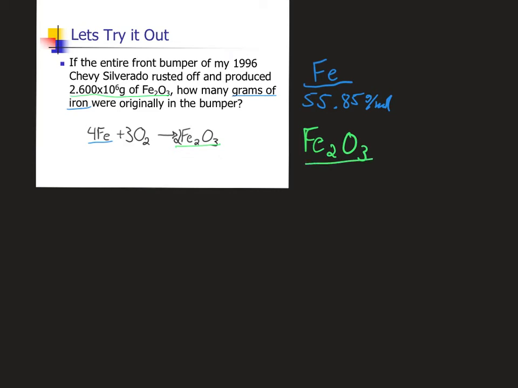To do that will require me to know how many of each element I have present in the formula, finding the molar mass using my calculator and my periodic table. Kind of ran out of a little room there. Let's rearrange some things.